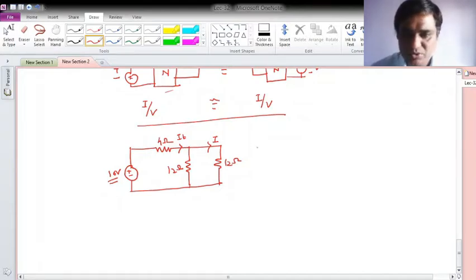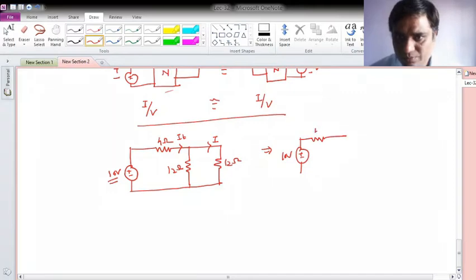Okay, so 12 and 12 are in parallel. What is its equivalent? The equivalent will be 6 ohm. So this is 4 ohm and this is 6 ohm. Now I'll find out the total current.